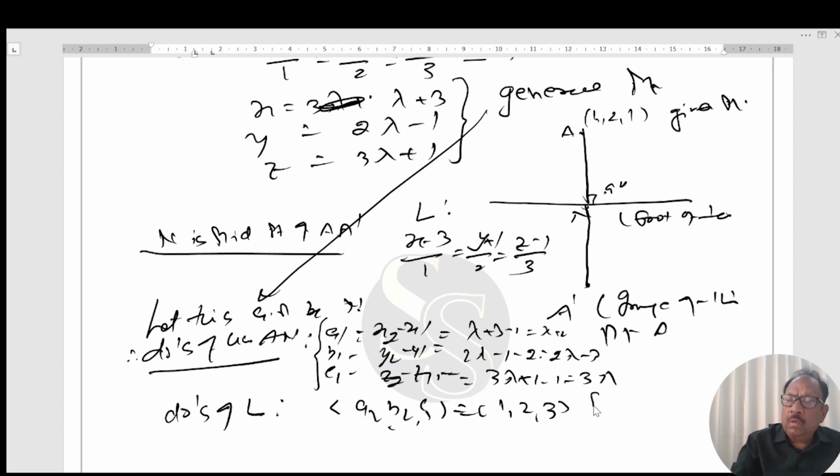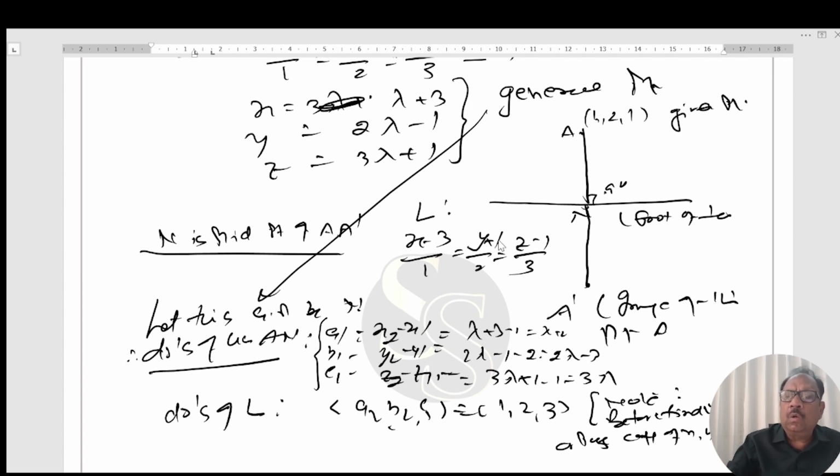Now, note that before finding direction ratios or the passing point, the coefficient of x, y, z should be equal to plus 1. In this case the coefficient of x, y, z is 1.